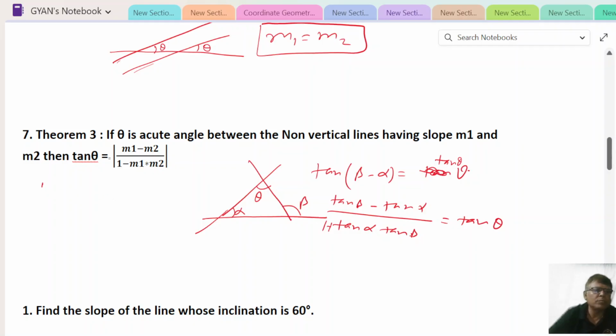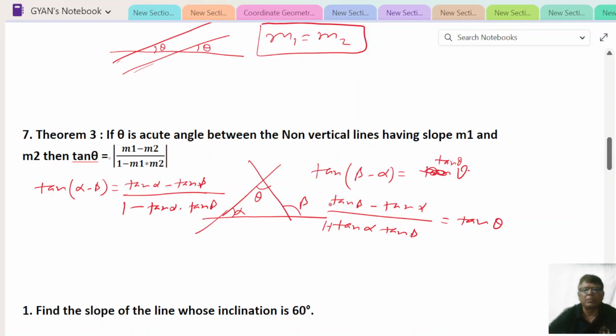How? Because you already read, or you will be reading, that tan (alpha minus beta) is equal to (tan alpha minus tan beta) divided by (1 plus tan alpha into tan beta). So this will be (m1 minus m2) divided by (1 plus m1 into m2).